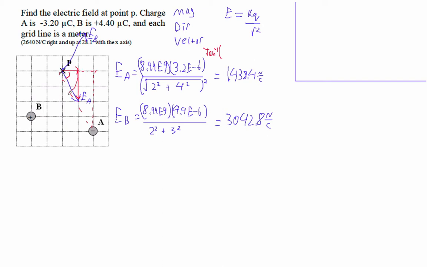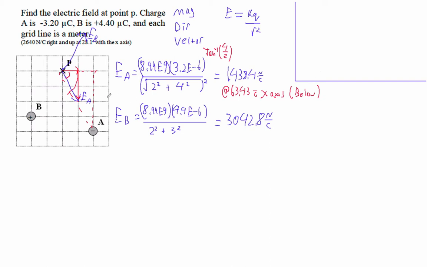Inverse tan of 4 divided by 2 is 63.43 degrees. That's with the x-axis, right? Below the x-axis to the right. Just like that, right? Okay.